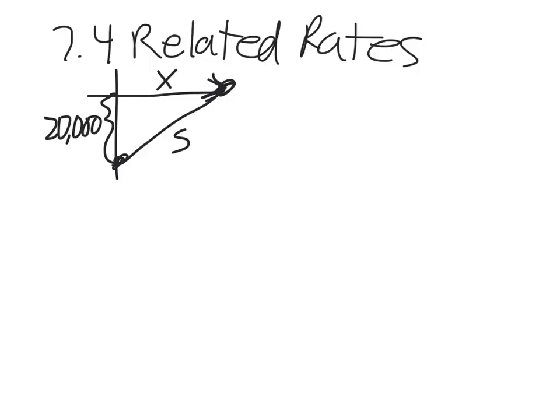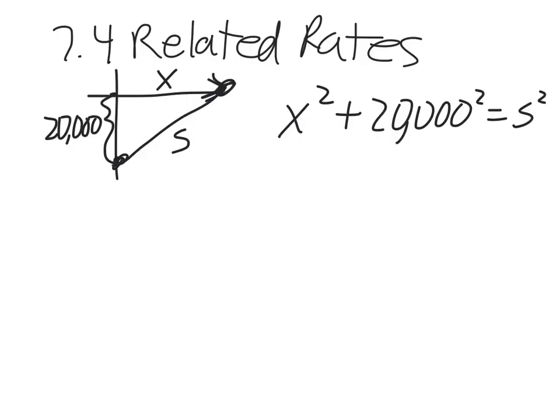Okay. Your relationship between the quantities, triangle here, we would have x squared plus 20,000 squared equals s squared.